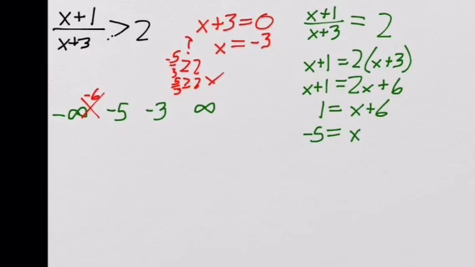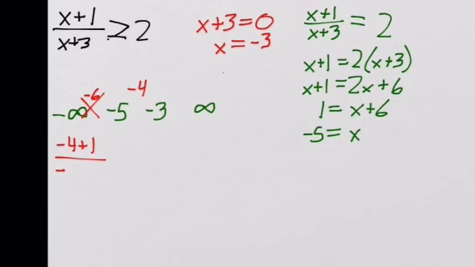Then between -5 and -3, if you don't want to deal with fractions, you don't exactly have much choice here. You've got to go with -4, and I'm going to do this down below where I actually have room to work. So (-4 + 1)/(-4 + 3), checking to see if that's greater than or equal to 2.